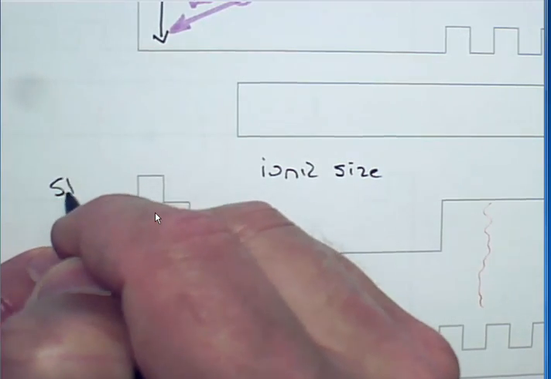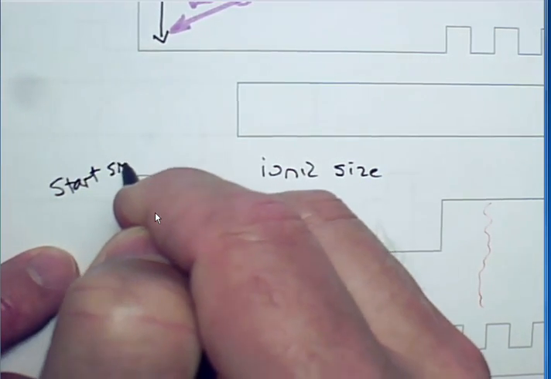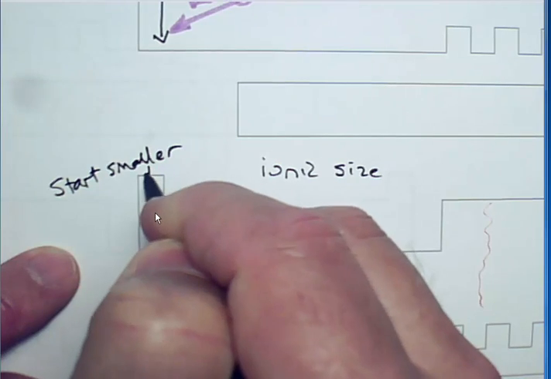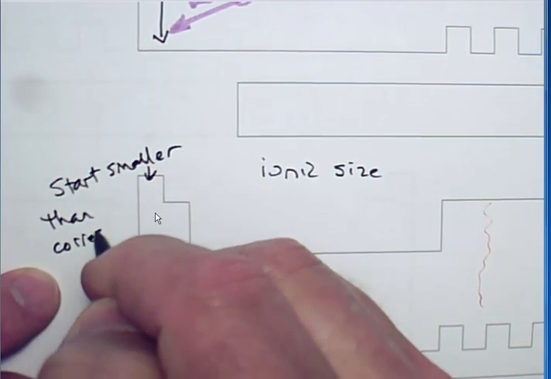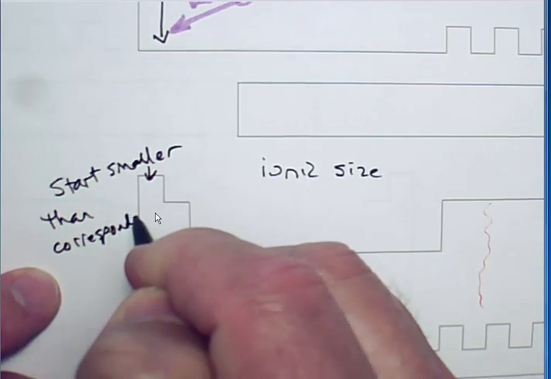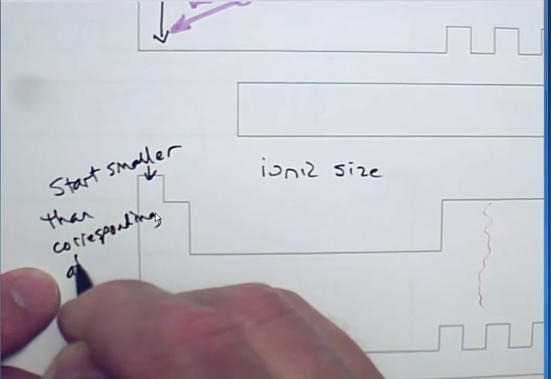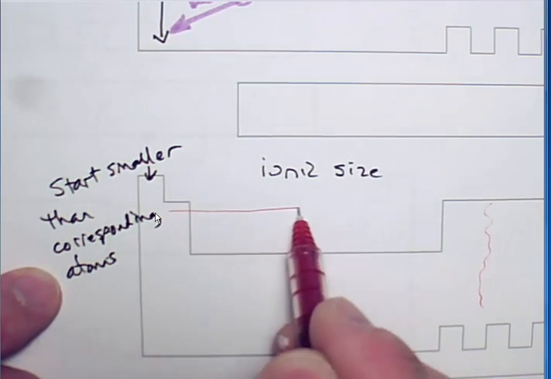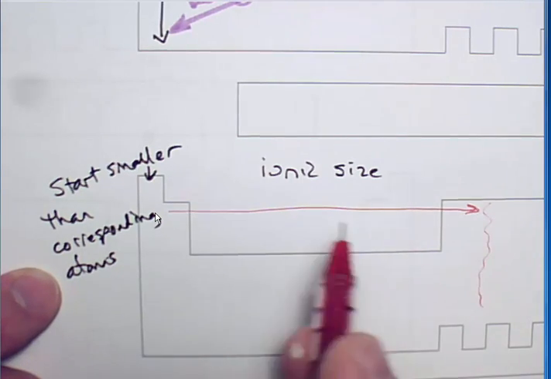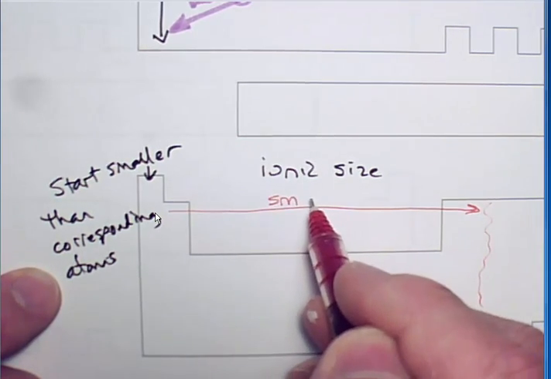So they start out smaller. They keep getting smaller until we get to there.